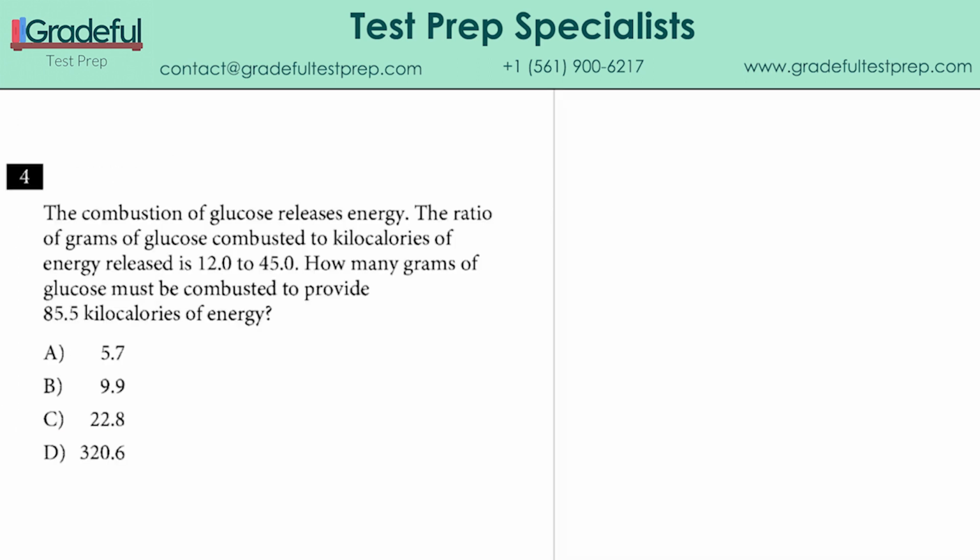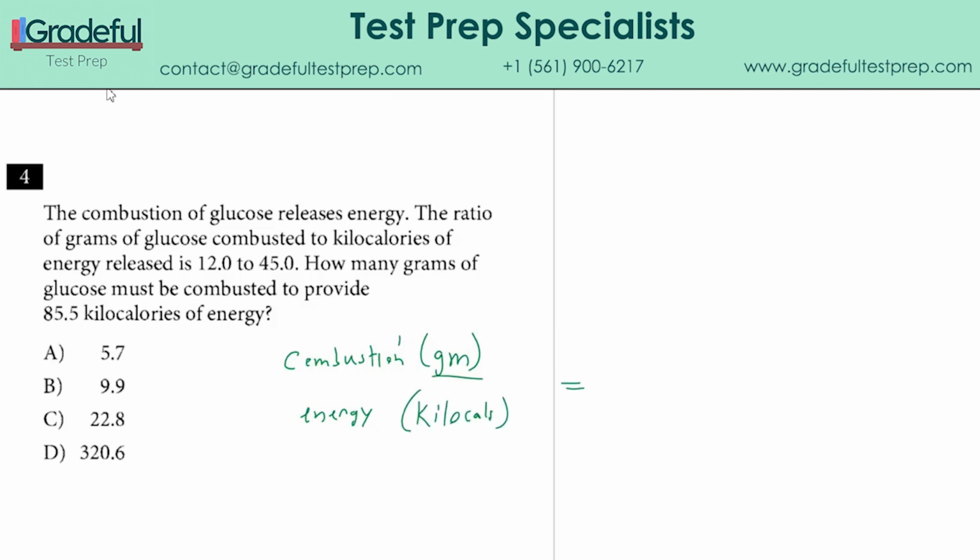So question number 4 is giving us a ratio, but to stay organized, we can label our ratio. So we're talking about combustion as one part of this, and energy as another. And maybe we can consider the units to stay extra sharp on it. So the combustion is in grams of glucose combusted, and the energy is in kilocalories.